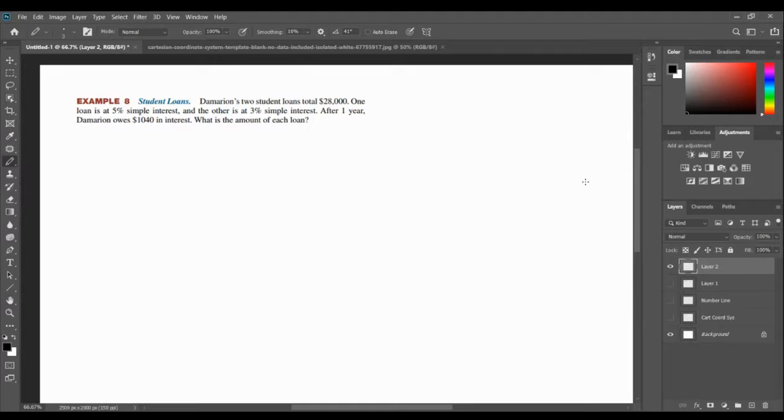So here we've got an interest problem. Now the formula we'll be using here is for simple interest, which this says we're using. And the formula we'll need here is that interest equals principal times rate times time.